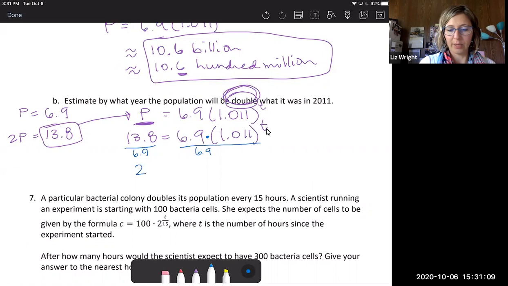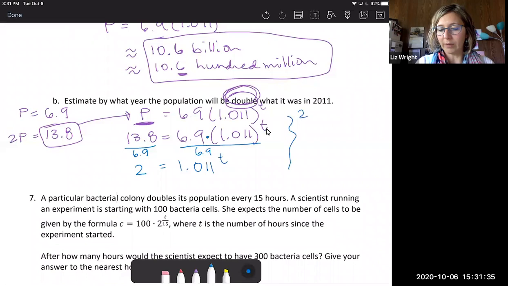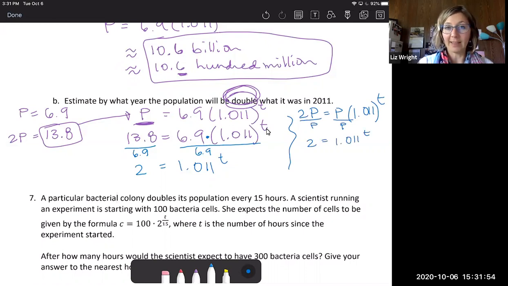So here you should be getting 2 equals 1.011 to the T. I've had some students say that you could also set it up like this: 2P equals whatever our population was times 1.011 raised to the T. Then we divide both sides by P, and we get 2 equals 1.011 raised to the T. Some students wanted to know if that was okay.